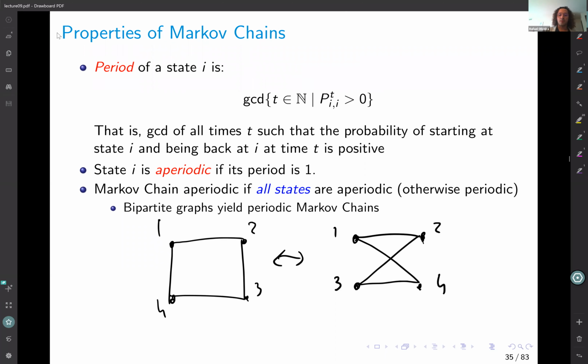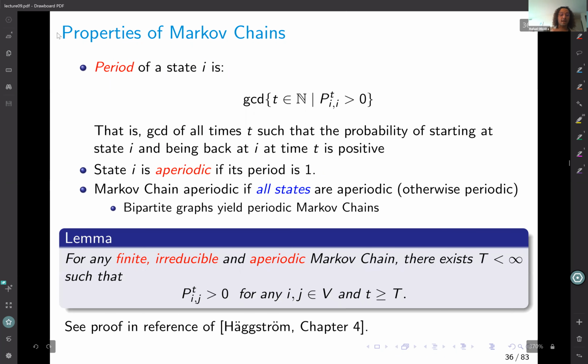Now here's the lemma. For any finite, irreducible, and aperiodic Markov chain, there exists some finite time T. Whenever I write T less than infinity, I'm just saying that T is finite.